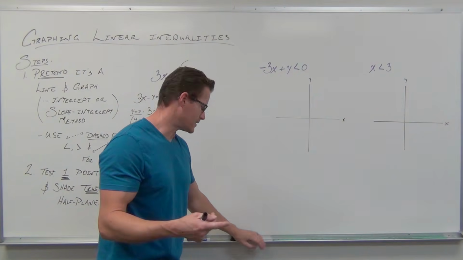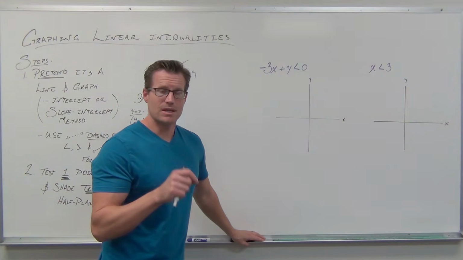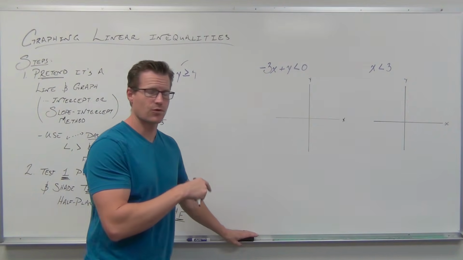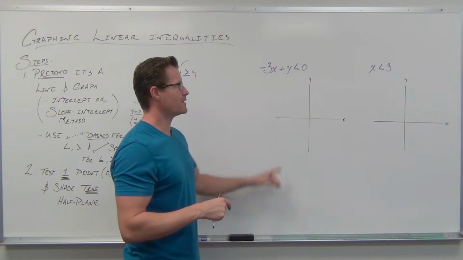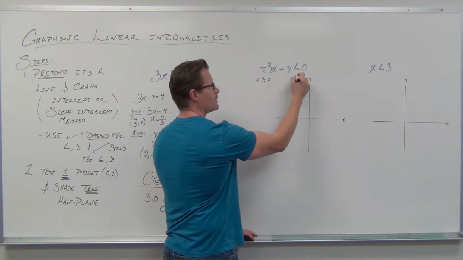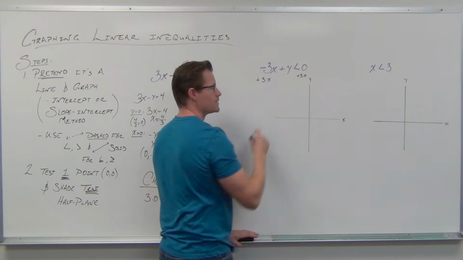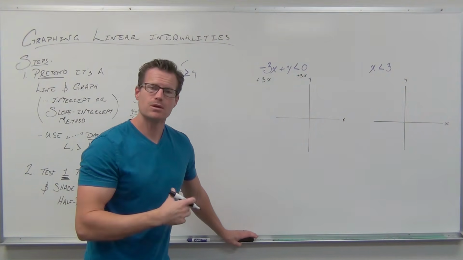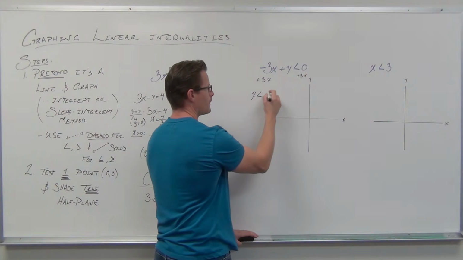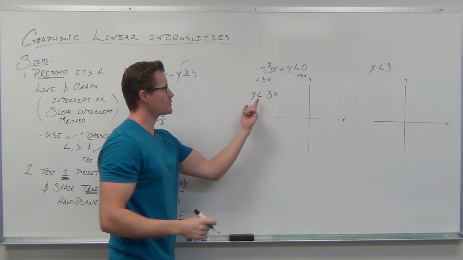So whenever you get something that doesn't work for intercept method, either it's solved for y already, I kind of solved that one for y, or you have a 0 constant, don't use the intercept method. Use slope-intercept method. Solve for y. Now notice, I don't have to reverse that inequality.